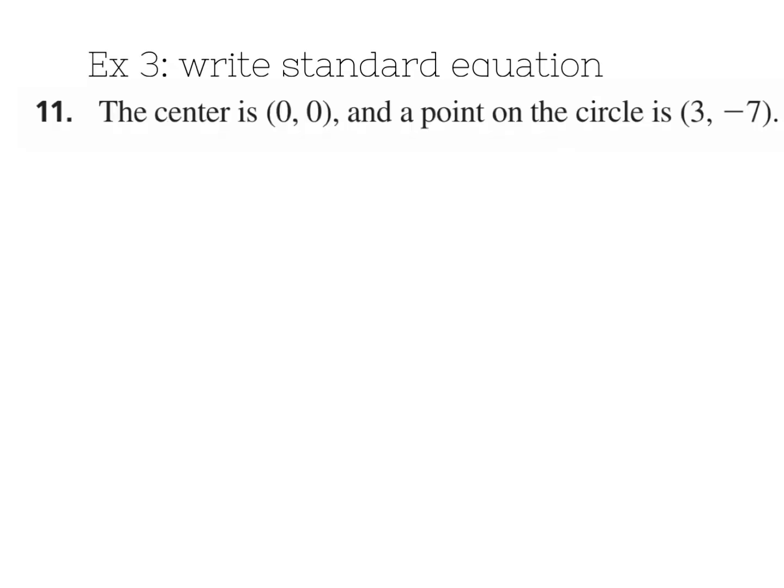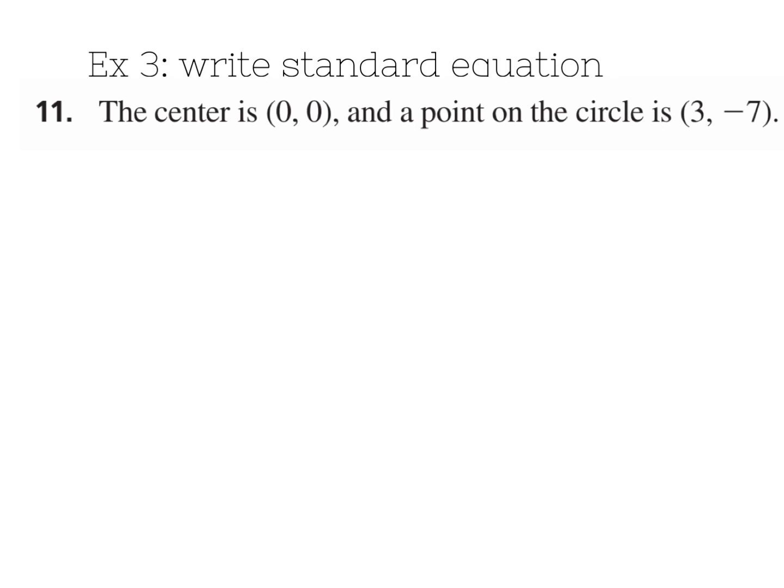All right, it says write the standard equation, and it says the center is (0, 0) and a point on the circle is (3, -7). What two things, class, do I need to write an equation of a circle again? Center and radius. Braden, what did they give me here, though? They gave me the center and the point on the circle.